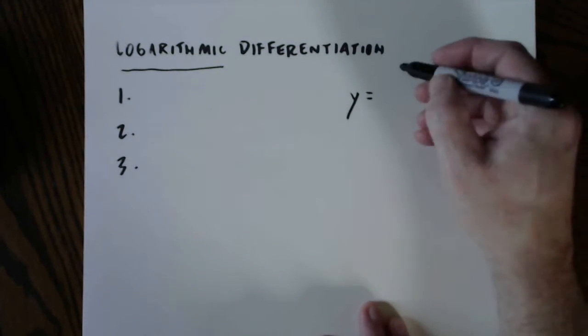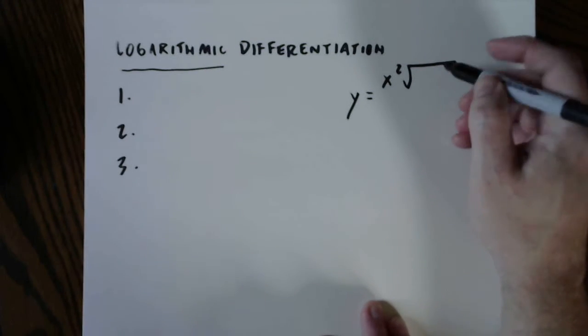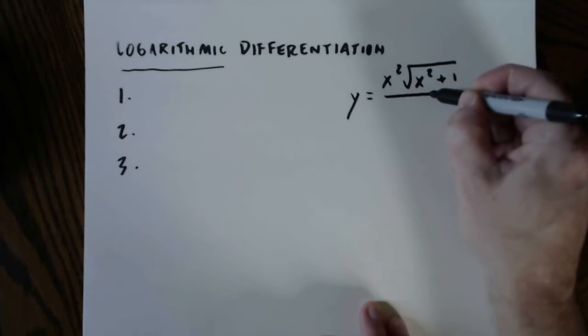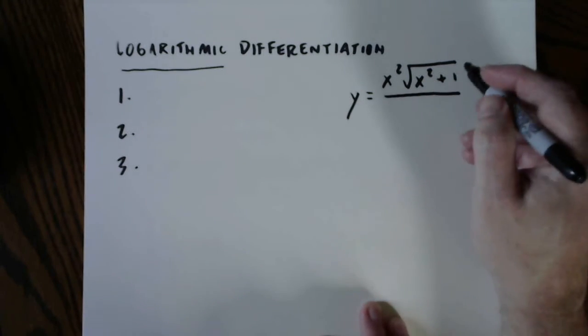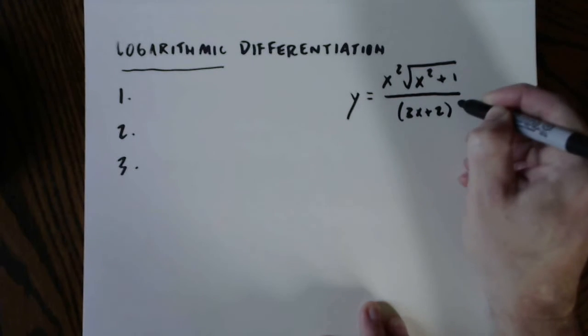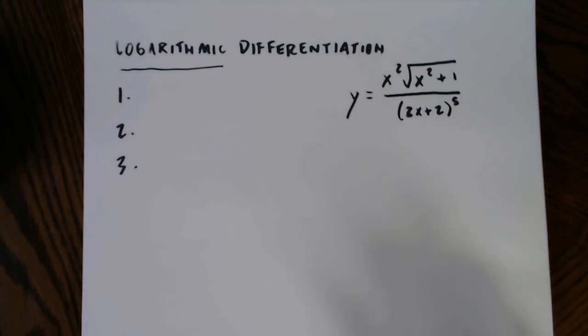Let's see. x squared, square root of x squared plus 1, over (3x plus 2) to the 5. Hopefully you can read that.